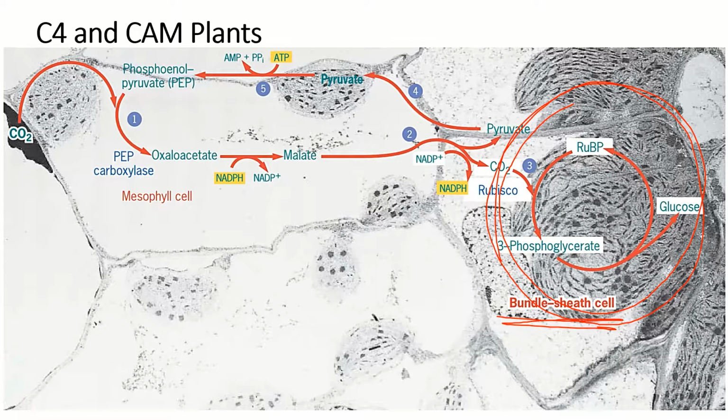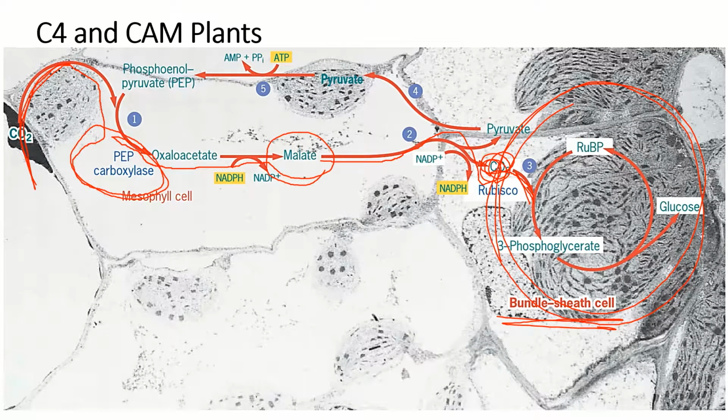So what they do is they let carbon dioxide in through their stomata, and the carbon dioxide is actually incorporated into phosphoenol pyruvate, and that's converted into oxaloacetate, and then that furthermore becomes malate or malic acid, and it's the malic acid that is transported deep into the bundle sheath cell, where it gives up the carbon dioxide that was attached to it, and that's the only time that Rubisco is able to use the carbon dioxide to do the carbon fixation, as we see here.